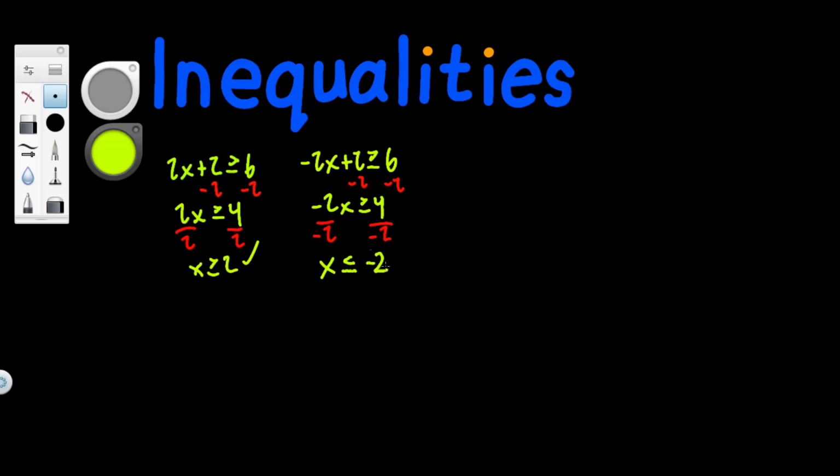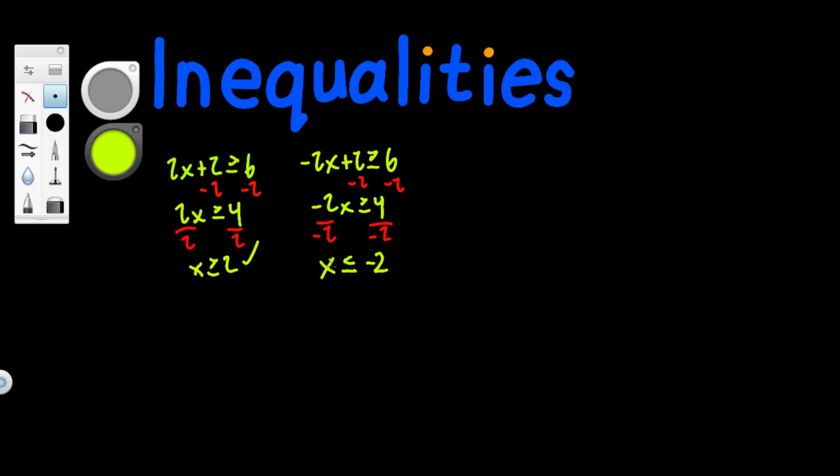All right, and let's give this one a sanity check. What if x is positive 2? Negative 2 times positive 2, so we've got negative 4 plus 2, that's negative 2, so this would not be true. Now let's put in a negative 2. Negative 2 times negative 2, that's a 4, because two negatives, so this is 4, plus 2, that's 6.